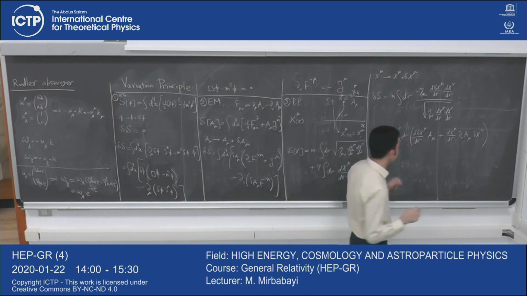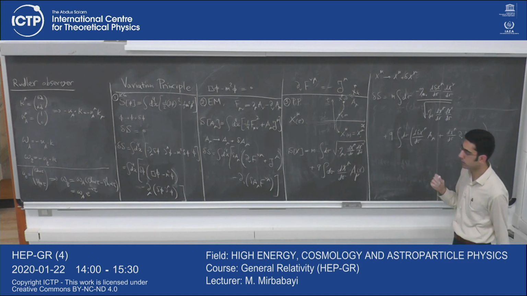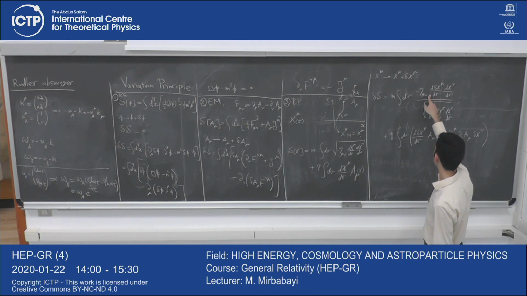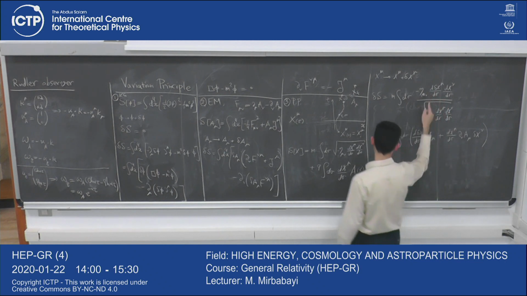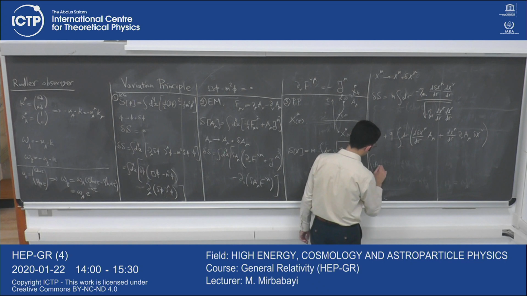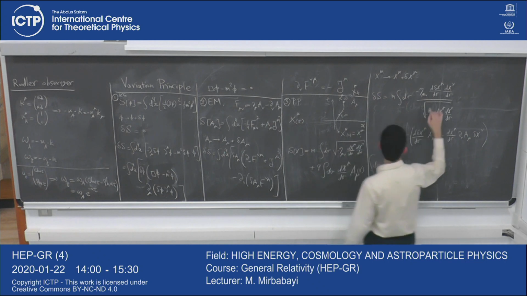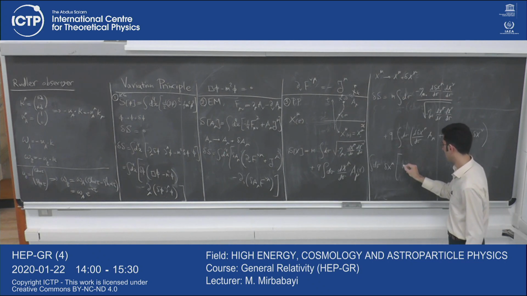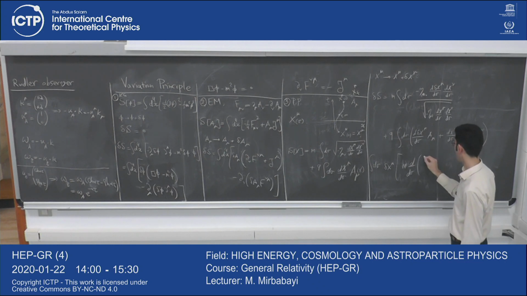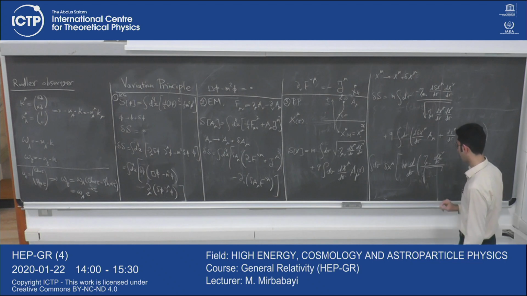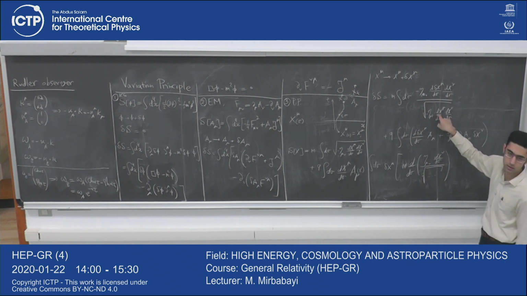Now we can do some integration by parts and discard the boundary terms. So here what we get is there will be an integral dσ, there is δx^μ, and then from here what I get is m times d/dσ of η_μν dx^ν/dσ divided by this square root. I don't write it anymore. This is its square.